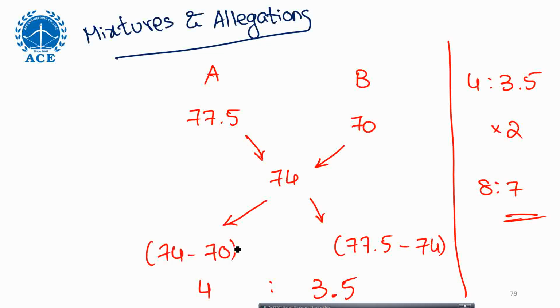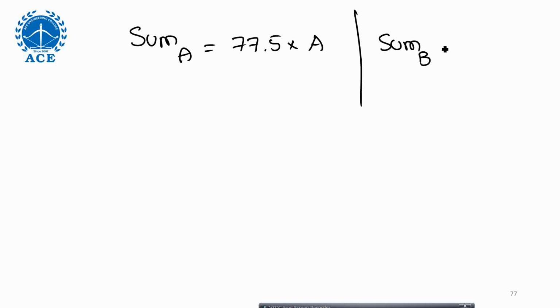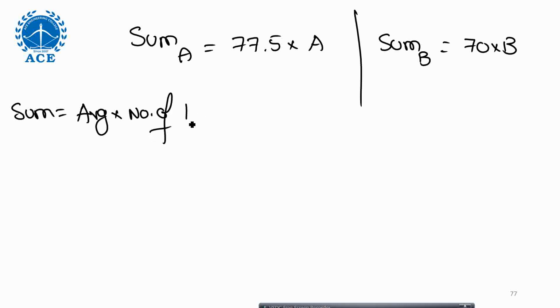What is the average of section A? 77.5. So the sum of section A is 77.5 times the number of people, let it be A. What is the average of B? 70. 70 into B. Because you know sum equals average into number of terms or number of persons.